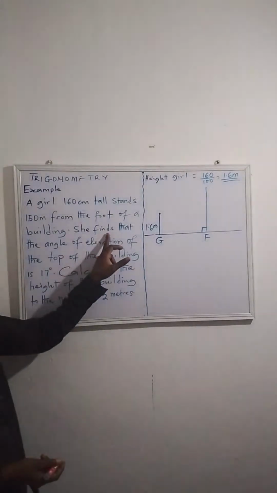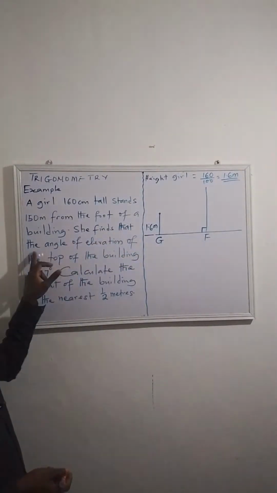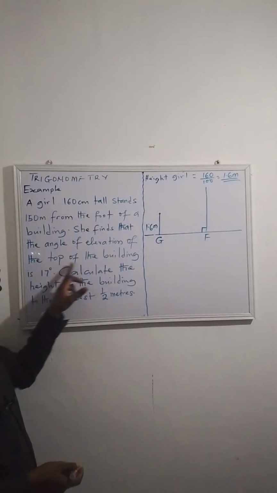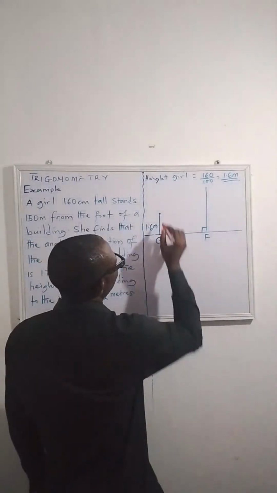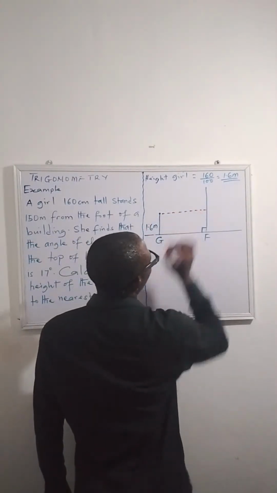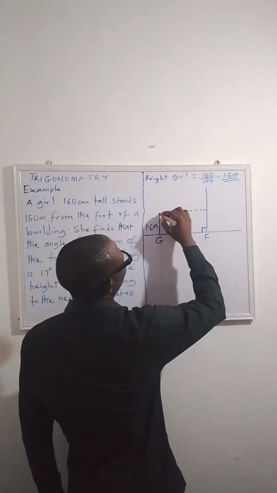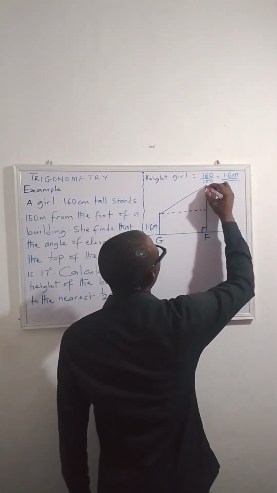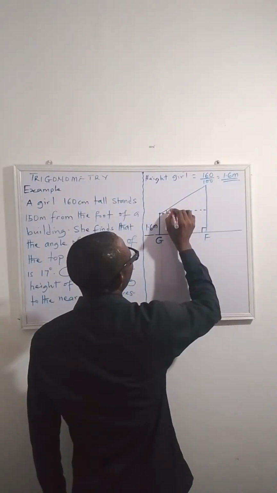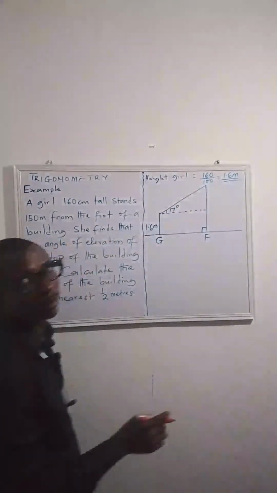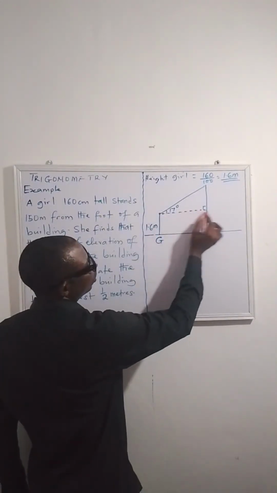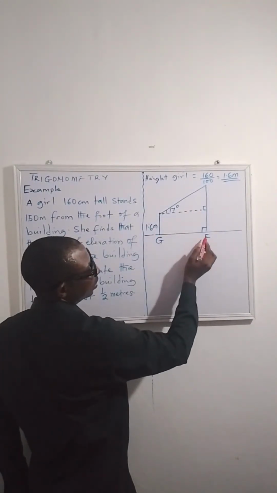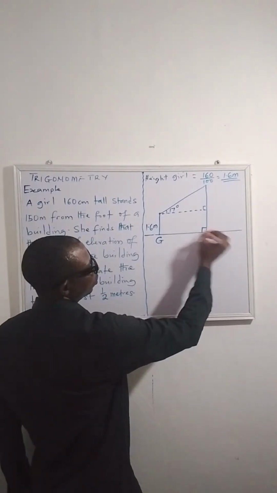She finds that the angle of elevation of the top of the building is 17 degrees. This is a horizontal graph, so the angle of elevation of this top is 17 degrees. Don't forget this is going to be a right angle. This line is drawn such that it's parallel to this, and this will also be parallel to this.